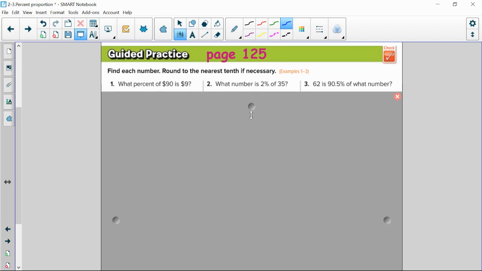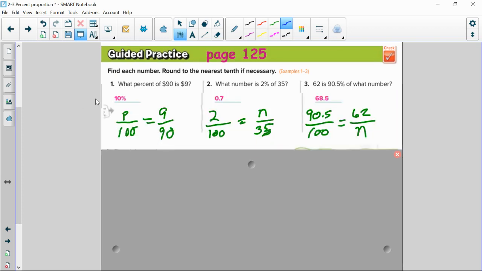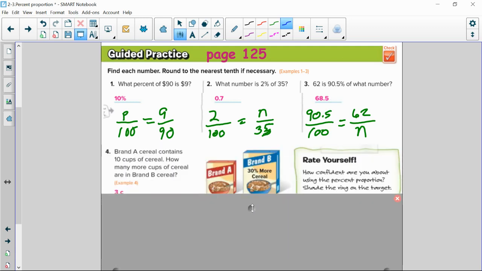Okay, so I made my proportions to get my answers. So at 10%, 7/10, 68 and 5/10. Okay, and then I showed how I set up my proportions. Then the next one, if this one has 10 cups of cereal, but this is 30% more, how many more cups does it have?